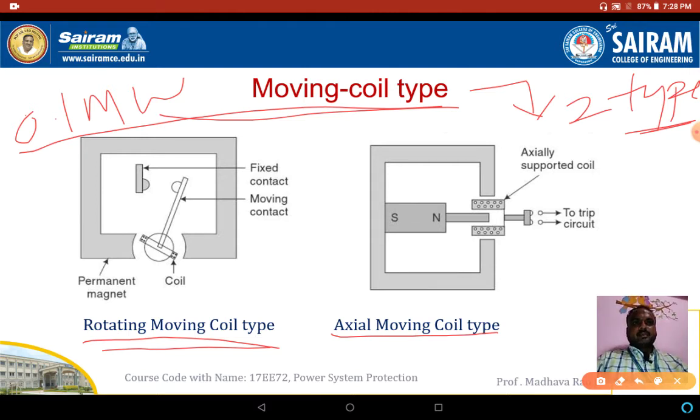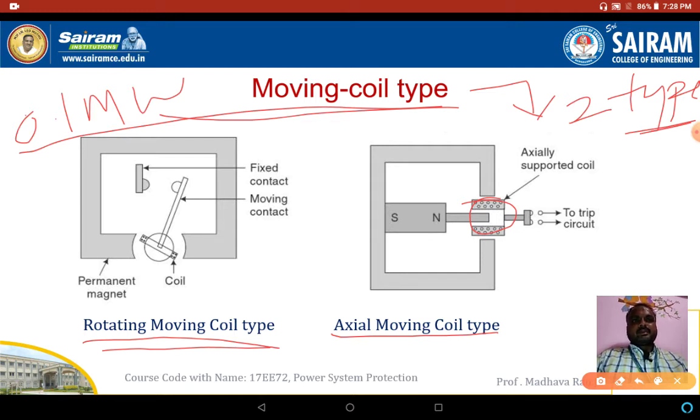The axial moving coil relay is a delicate relay, since the contact gap, which you can see in this figure, is very small. So whenever we are handling this type of relay, we need to be careful.